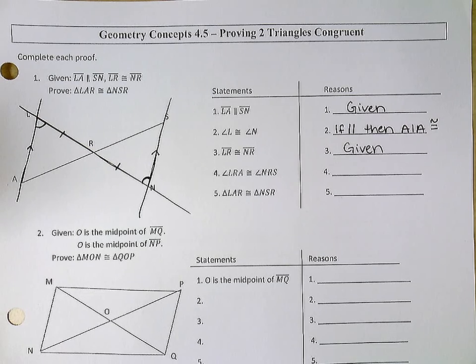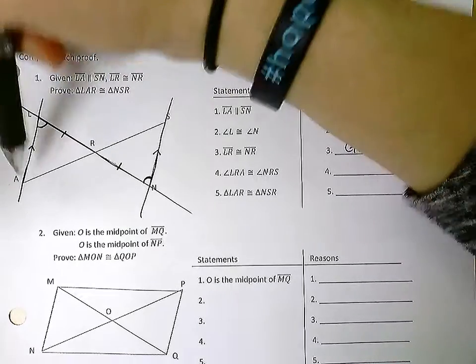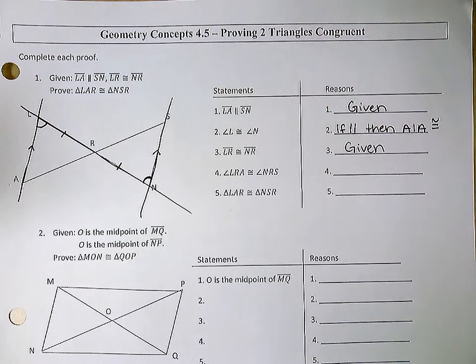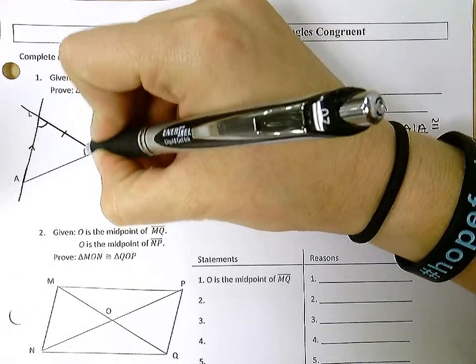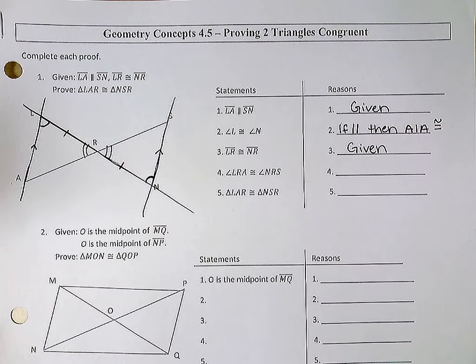Well, I know that I have vertical angles. Okay, so I have these two lines, LN and AS, okay, that intersect, right? When two lines intersect, their vertical angles are congruent. Okay, so whenever you see those vertical angles within your picture, I would label them congruent.